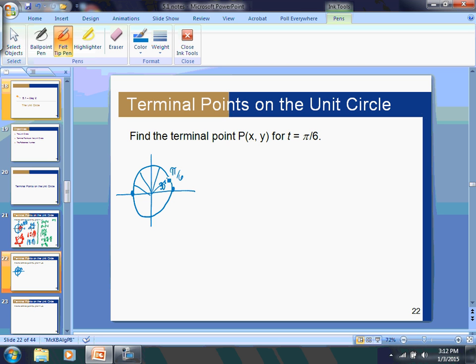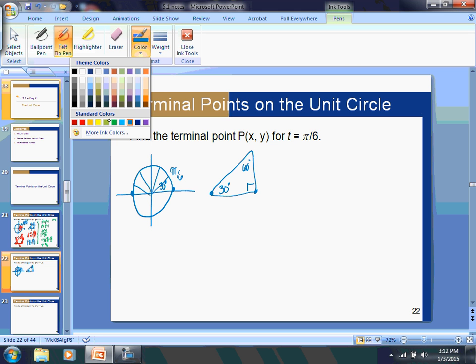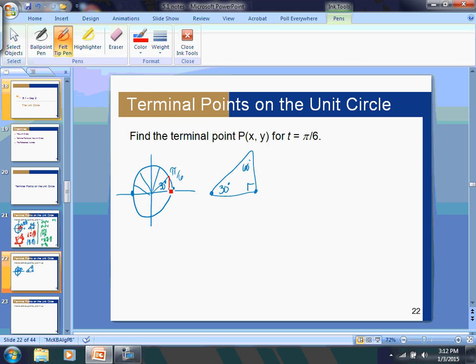So here I'm going to use my 30, 60, 90 reference triangle to think through this. Now I want 30 degrees to be at the bottom of the triangle here, because this is where that little triangle gets dropped in my picture, just like before. So I've gone up 30 degrees from my starting point on the x-axis.